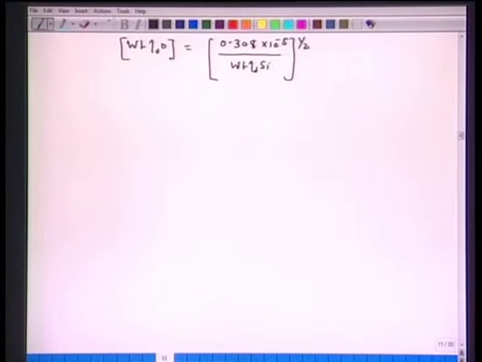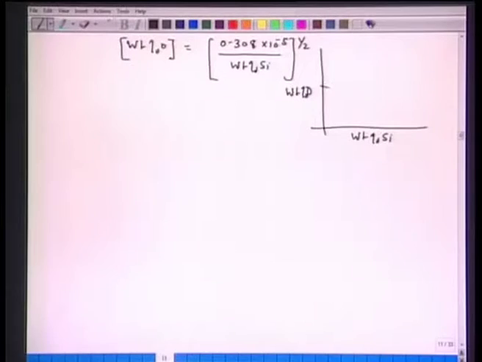So, if I plot weight percent oxygen against weight percent silicon, this will be for 1773 Kelvin or 1500 degrees Celsius, and I will get a straight line with the slope equal to minus half. All that it says is that an increase in silicon decreases the oxygen, as this equation predicts.